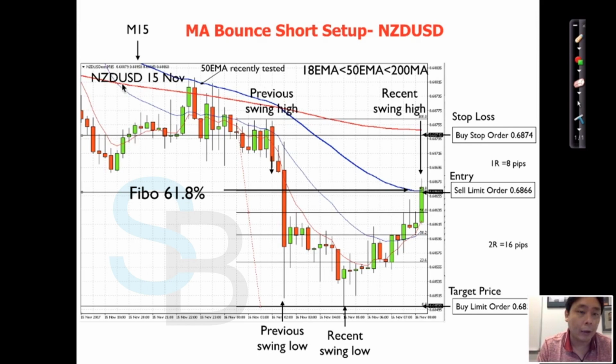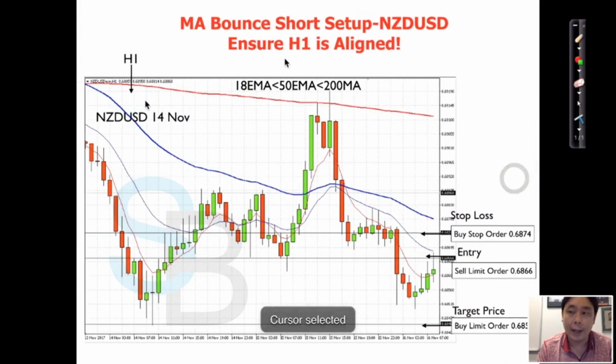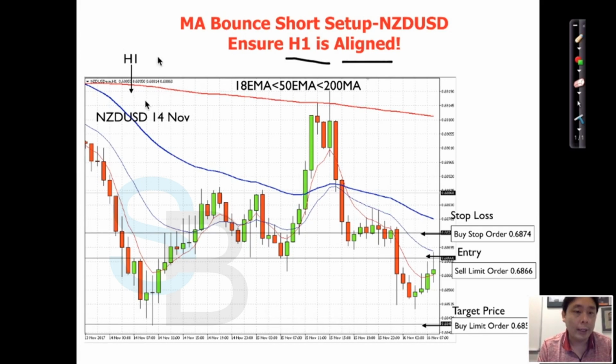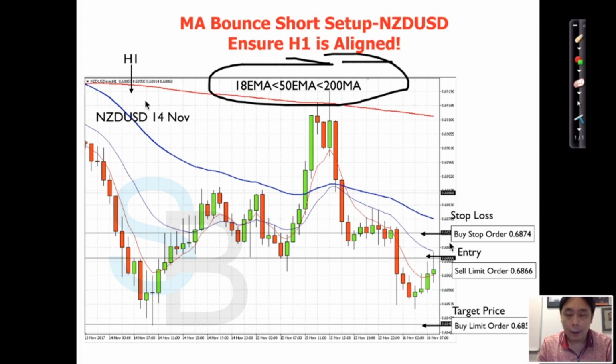So again, I click on H1 hourly candles to check that H1 is aligned as well. On the hourly candles, you can see H1 is here. We see the clear downtrend pattern again: 18 EMA below the 50, 50 below the 200. Our entry price is here, stop loss is over here, and profit target is over here.